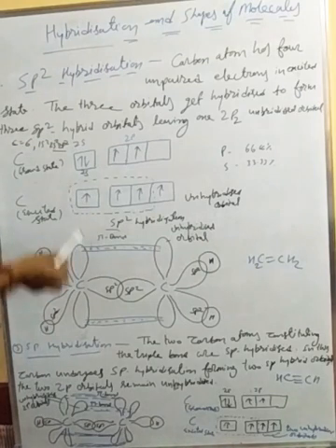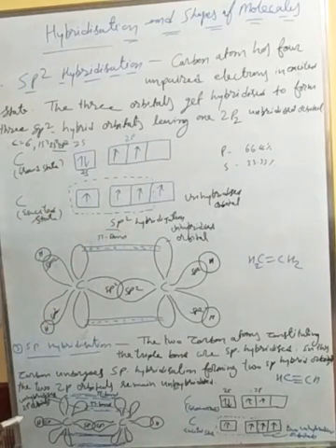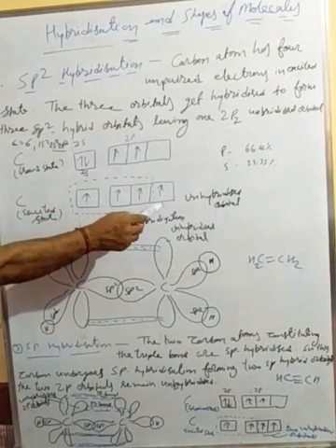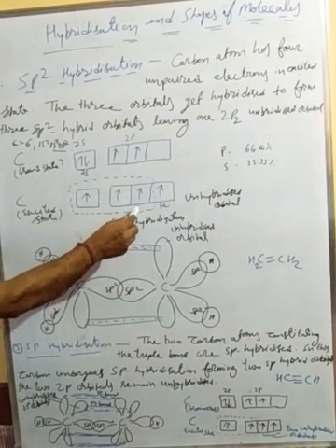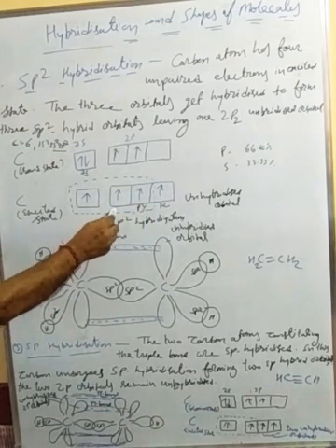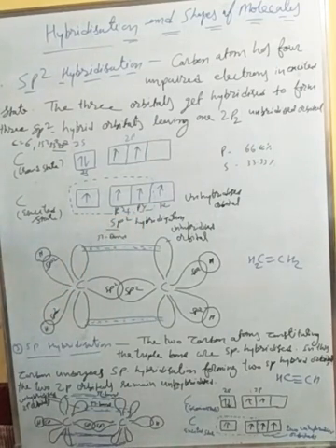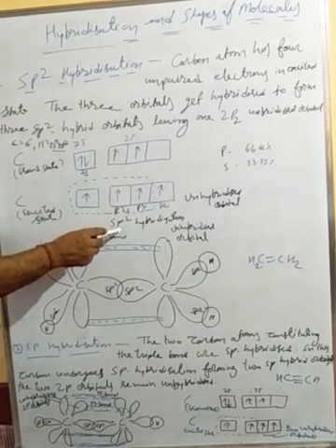We have pz, py and px orbitals, and pz remains the unhybridized orbital.